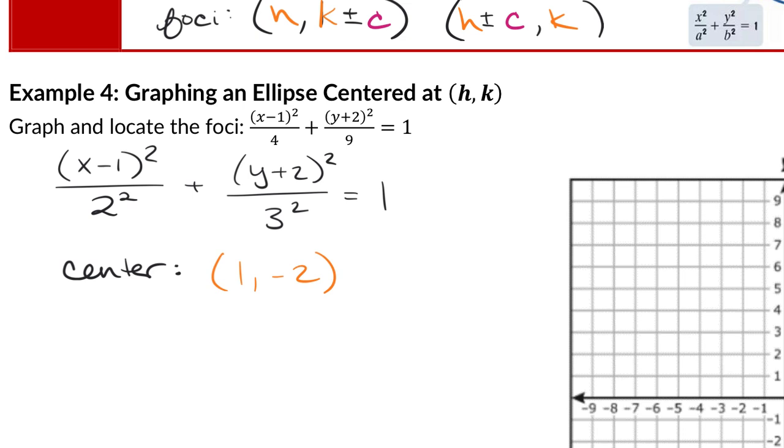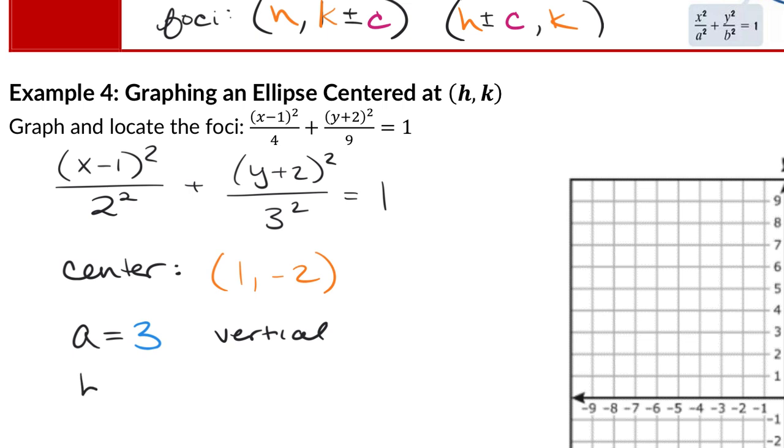The other things I learned just by looking at the formula is that a is equal to what number? 3. A is always bigger, and since a is 3 and it's underneath the y, that means we're going to have a vertical major axis. It's going to be taller than it is wide.